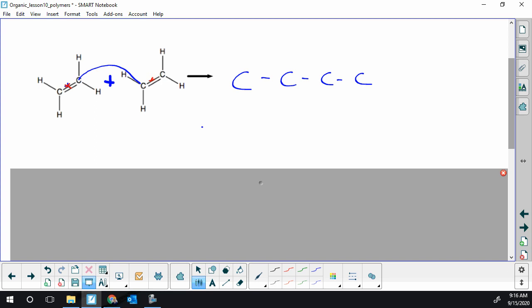Across the first two is 4 H's. And the second is 4 H's. And we end up with these dashes at the end that it will keep growing.